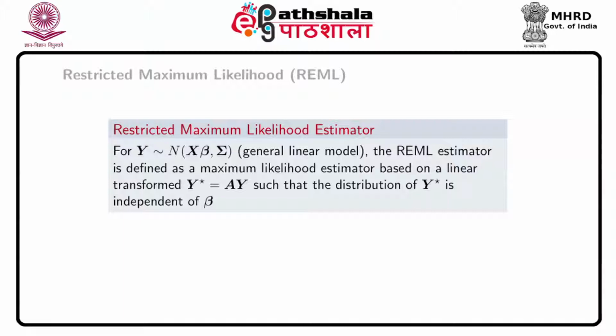And another part is the data used for the estimation of beta. So now formalizing, we can say that the REML estimator is defined as the maximum likelihood estimator based on a linearly transformed data set y star equal to AY, such that the distribution of y star is independent of beta.